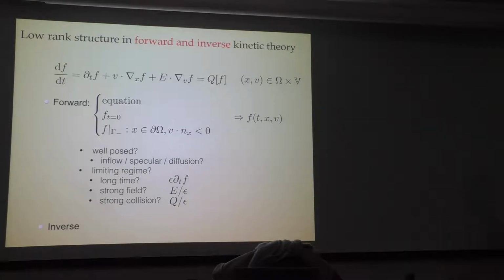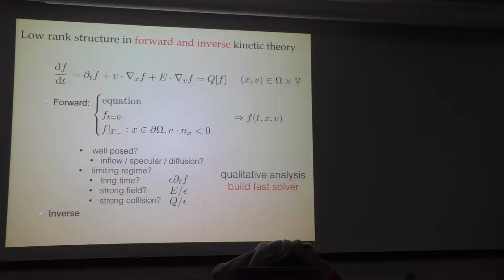The first one is to show that this equation indeed has a solution, and the second one studies the long-time behavior, in the sense that when time goes to infinity, the solution has an equilibrium, and this equilibrium looks like a Gaussian. So intuitively, physicists already know the Boltzmann equation of course has a solution, and we go to equilibrium, but it takes a very, very long time for mathematicians to prove it.